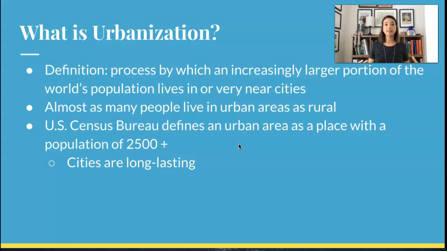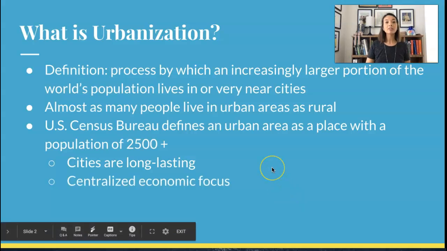All of those events include a large number of people in one area, but they are not long lasting. So cities, while they have a lot of people, they also have to be long lasting. They have to last more than a day or two or three, which sometimes an event can last that long.